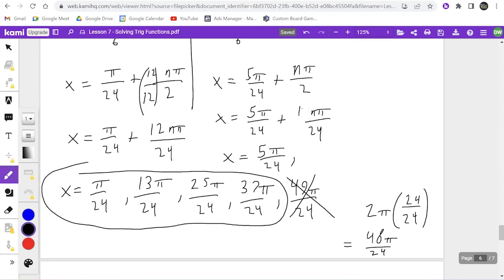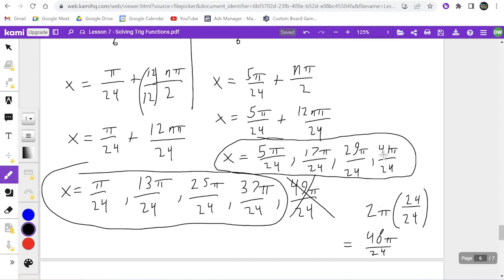So the next one's going to be 17 pi over 24. Then I've got 29 pi over 24. Then I've got 41 pi over 24. And after I add another 12, I'm going to be over 48, so I just stop there. And all of these solutions, all 8 of them, are the answer to this question. Crazy. But are there any questions on number 13?